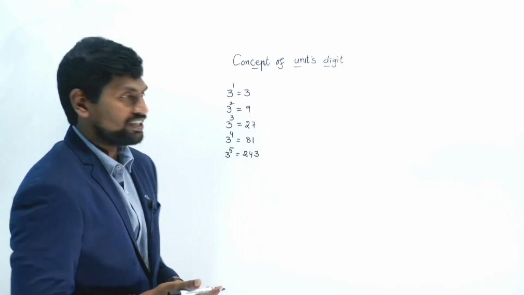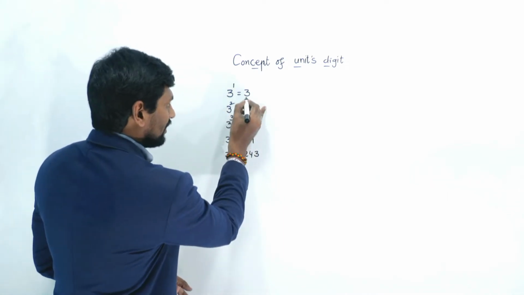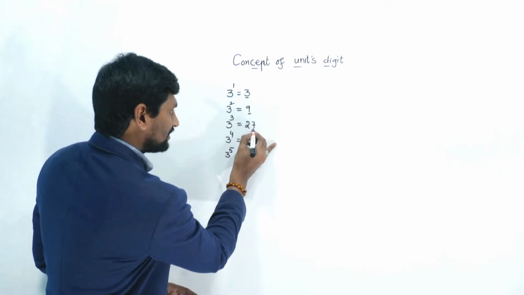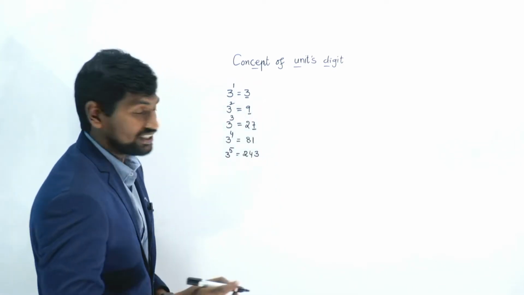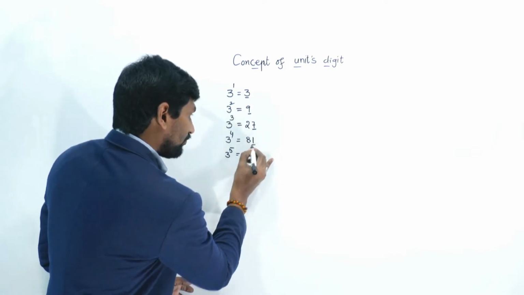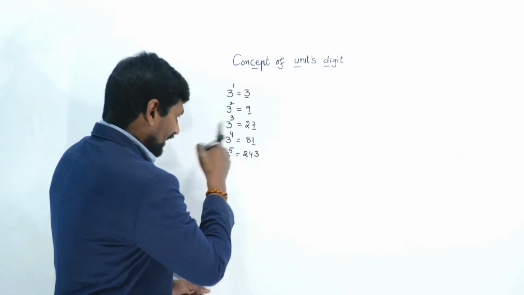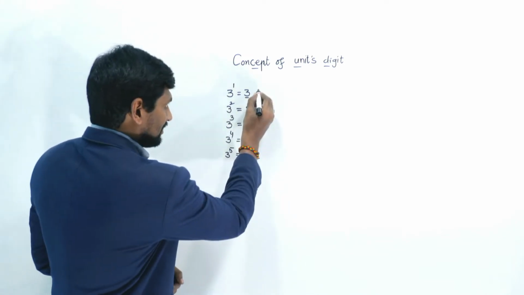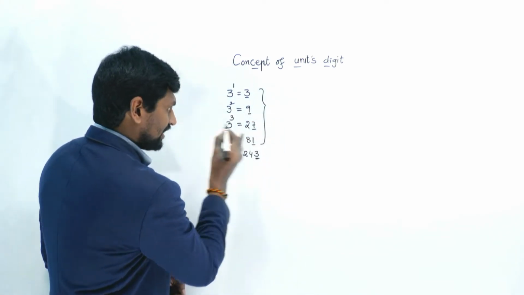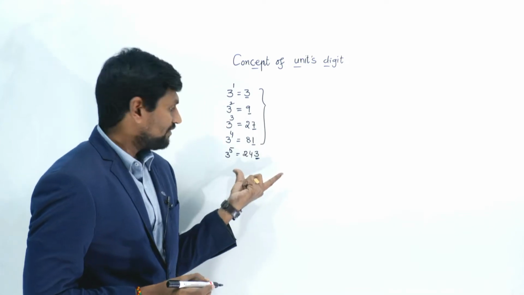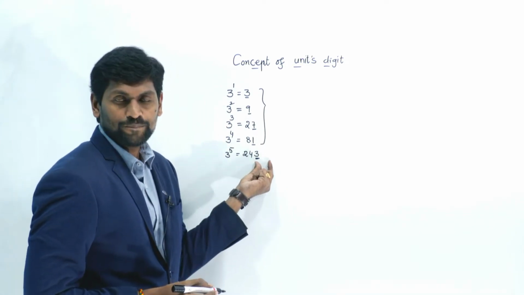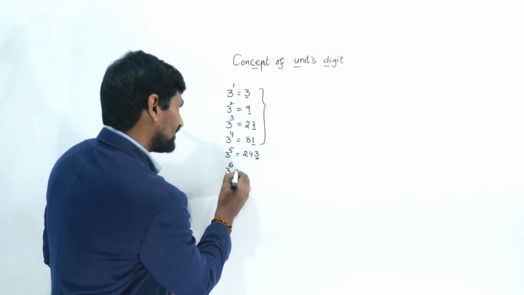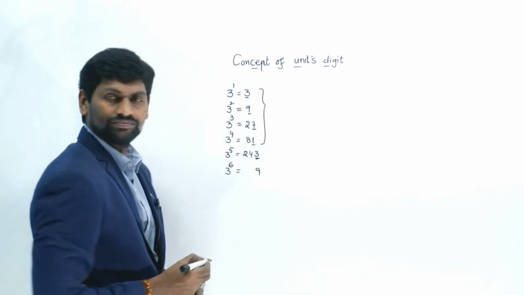While you are observing here, 3 power 1 ends with the digit 3. 3 square is 9. 3 cube ends with the digit 7, and 3 power 4 ends with the digit 1. Again 3 power 5 ends with the digit 3. That means it is repeating. 3 power 6 ends with the digit 9.